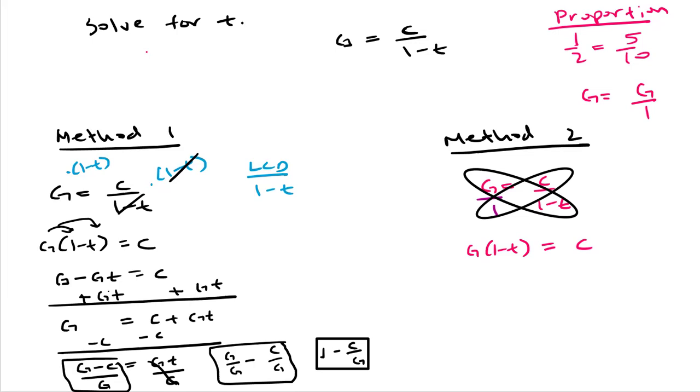In this case, I just rewrote G as G over 1, cross multiplied using the butterfly move, and the rest is the same. So again, two different approaches to solving the same problem.